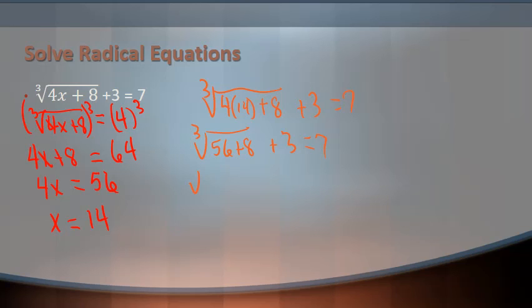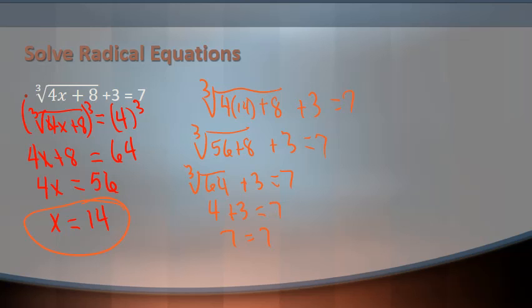And 56 plus 8 is 64. So we got the cube root of 64 plus 3 equals 7. And the cube root of 64 is 4, plus 3 equals 7. And 7 does in fact equal 7. And so our solution then is x equals 14. It's a valid solution, and we're good to go.